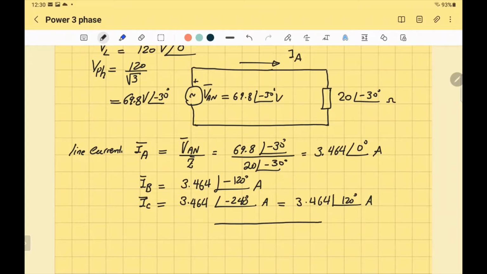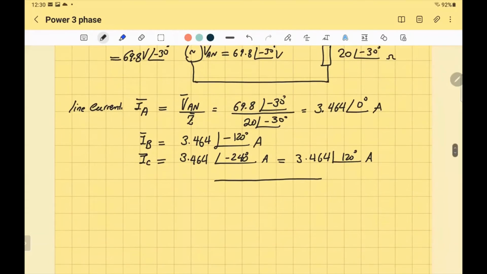Yes, if we're finding the current from the phase voltage by impedance. Because in star connection, the line current equals the phase current. If it was delta, it would be different. Is the phase current always equal to line current? In star connection only, not in delta.